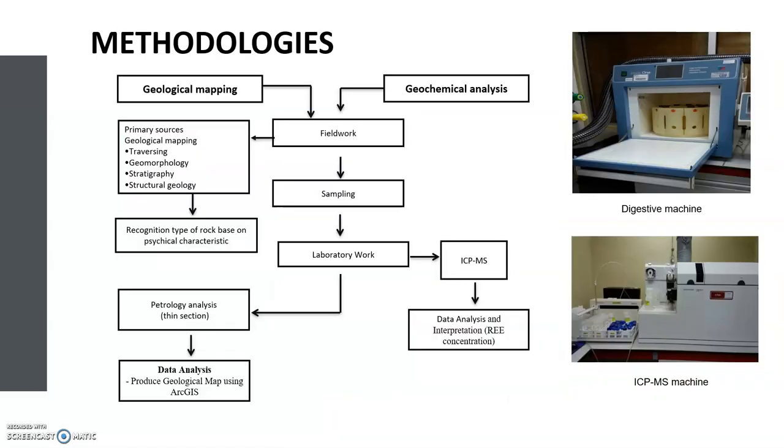The methods involve geological mapping and geochemical analysis. The geochemical analysis was carried out to describe and analyze the elements contained in the granitoids. Elements in the rock are determined to an intermediate level of accuracy.